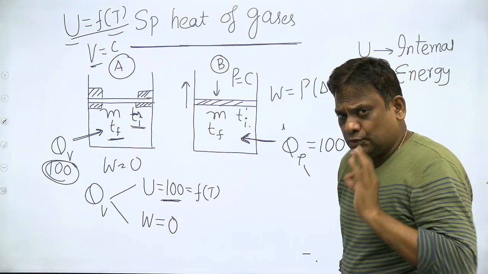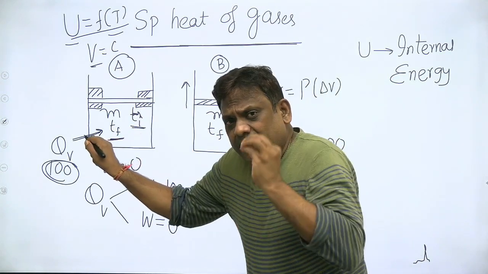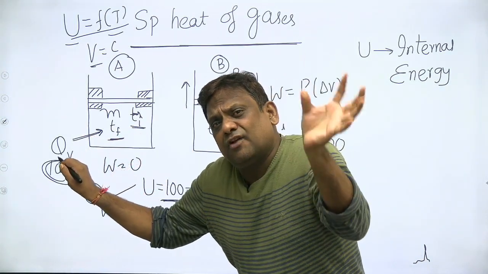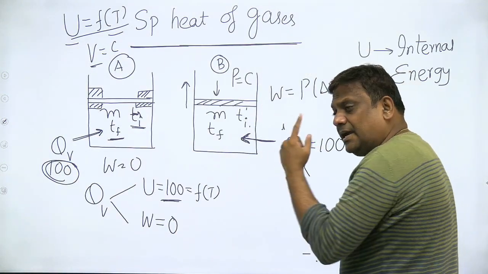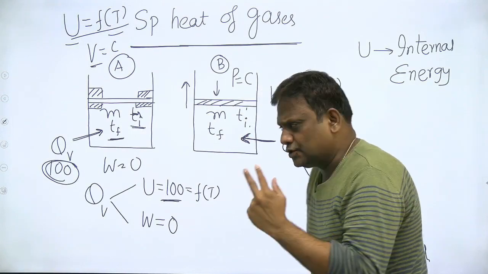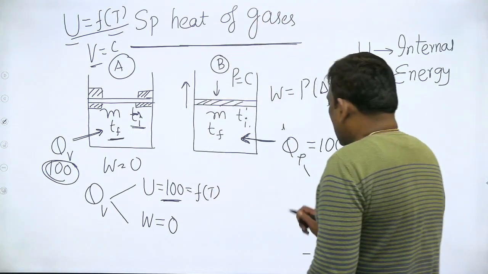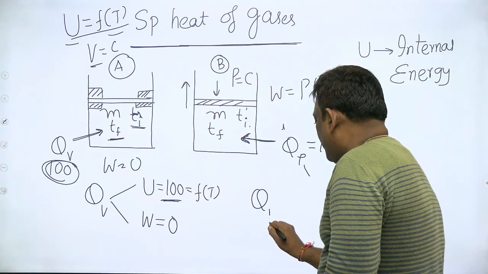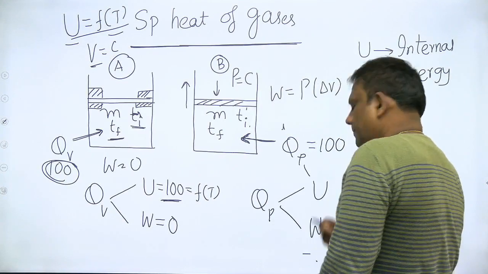Please understand, my dear students, here whatever heat is given, it is entirely utilized for one process, that is storage. Here whatever heat is given, it is used or utilized for two things. What are those? Storing and doing work. So now I write QP as storing and doing work.